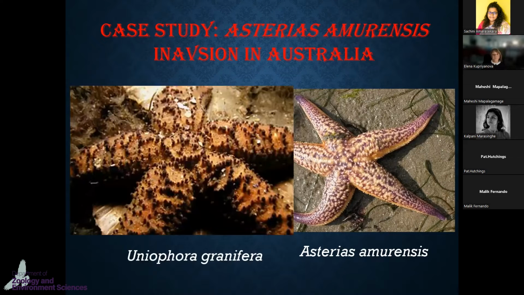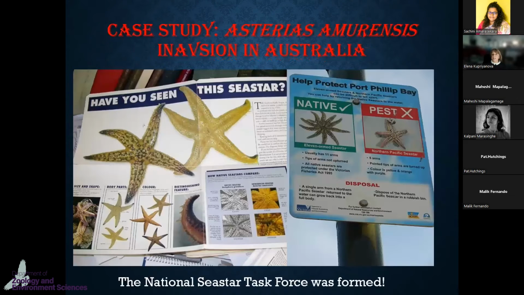However, eventually, as more and more specimens appeared along the coasts, they realized something was wrong. Specimens were sent to an expert at the South Australian Museum, and it turned out that the species is a North Pacific introduced species.